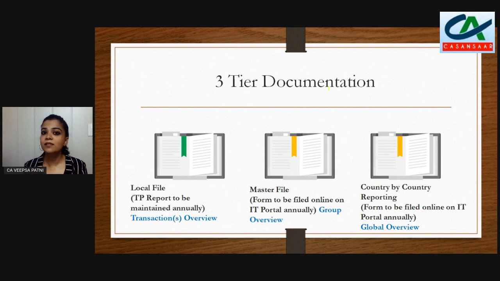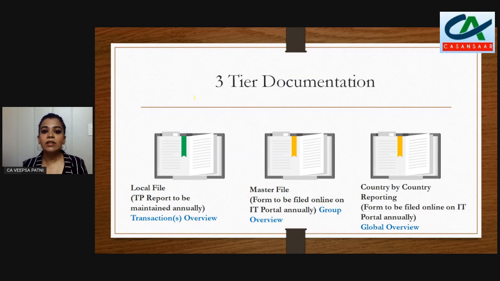Or else, how will you justify that this transfer price at which you are transacting with your associated enterprise is at arm's length principle? There has to be very robust documentation to support that analysis, that evaluation which you have already done before or while undertaking that transaction.